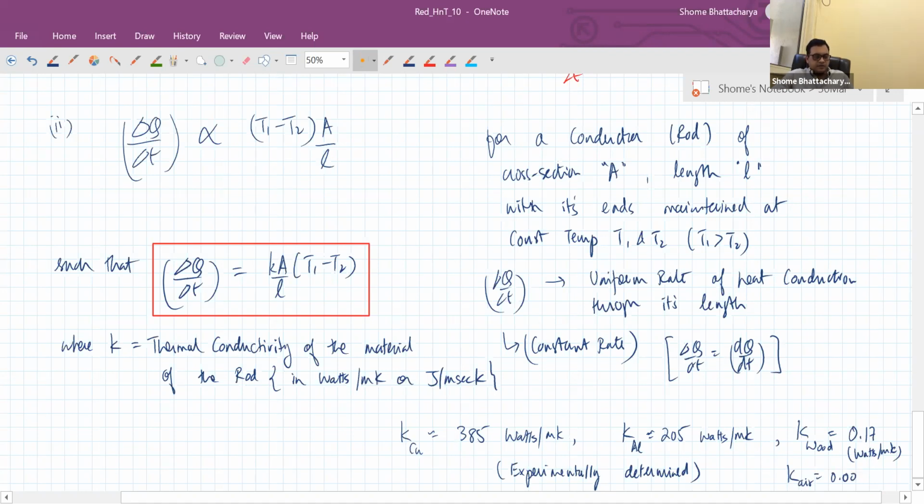I'm just giving you an idea. Glass is also a comparatively poor thermal conductor compared to metals. Concrete is also very poor in thermal conductivity.